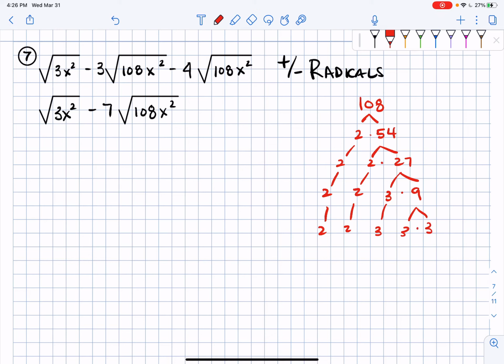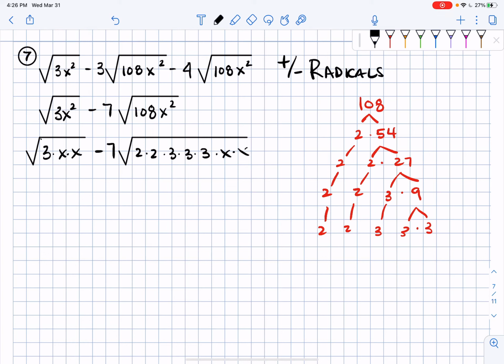Okay? So what I can do is say, okay, so what I have here is the square root of 3 times x minus 7 times the square root of 2 times 2 times 3 times 3 times 3 times x.